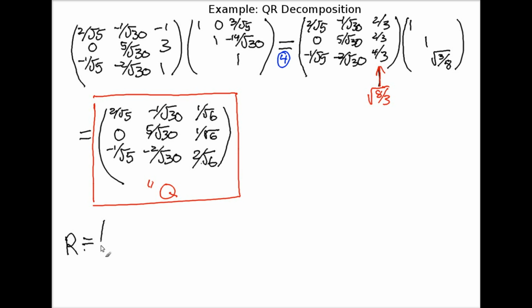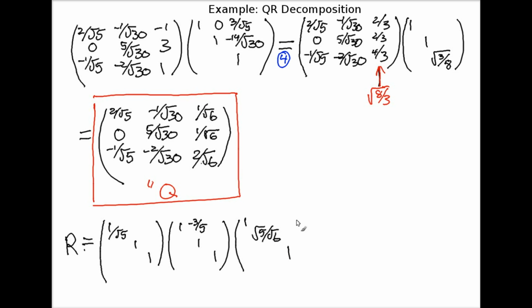Well, you just have to go back through the steps. R is 1 over radical 5, 1, 1, times, the next thing I did was 1 minus 3/5, 1, 1. And then the next thing I did was 1, radical 5 over radical 6, 1.